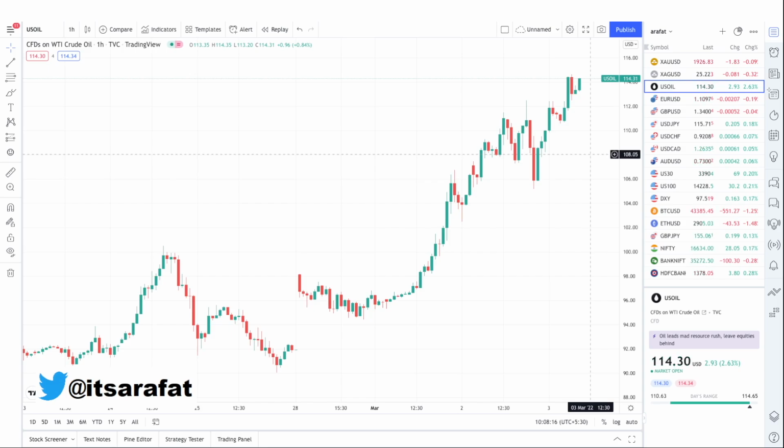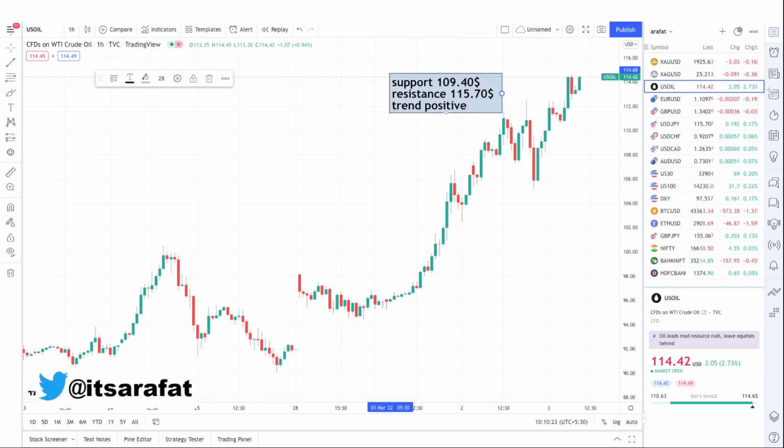This is crude oil. It is in an extremely bullish channel. I have been saying this since crude oil broke $75. I am sure if you are watching my video you are not in sell. Today, crude oil needs to break our support in order to return to negative. So keep an eye on support. Let me give you the resistance and support for today's trading session. 109.40.